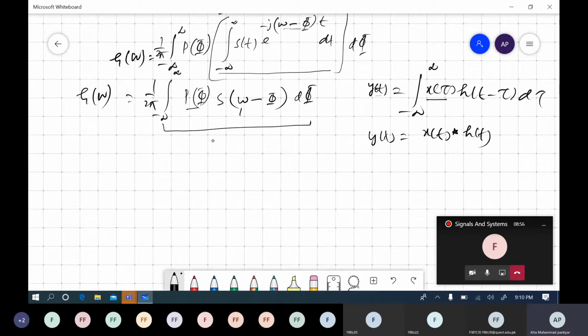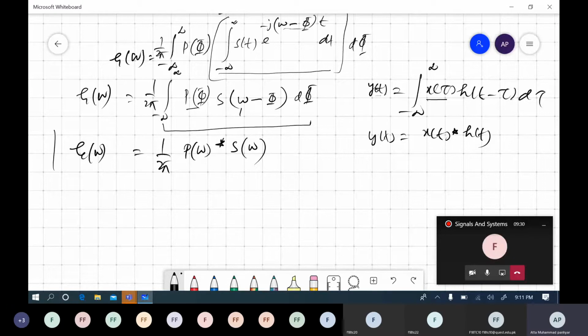Now we can write this as P of omega convolution with S of omega, with 1 over 2 pi as the coefficient, giving G of omega, right?